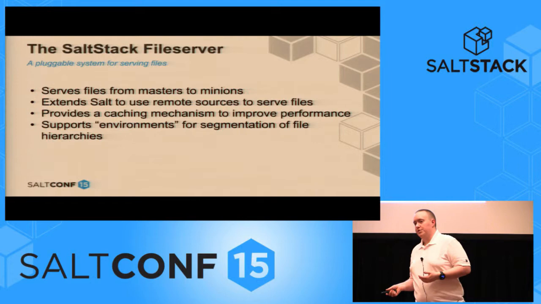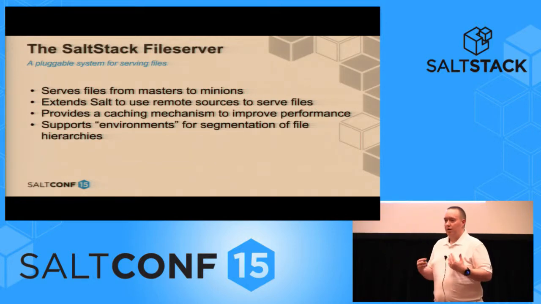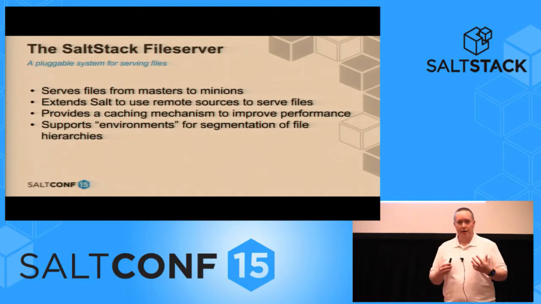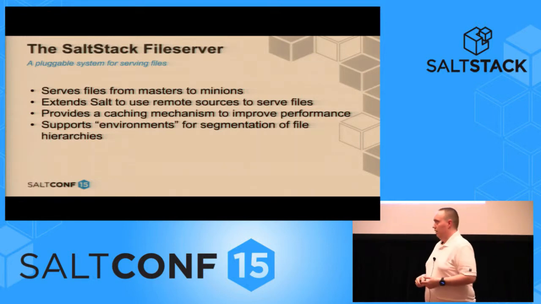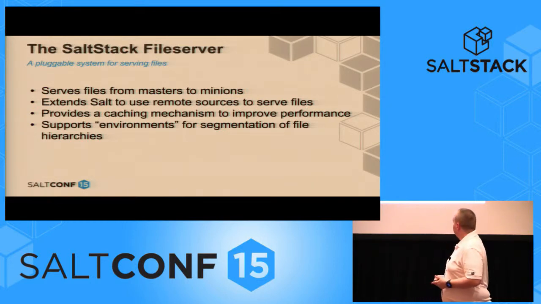In version 0.14, it was expanded, and as of that version and later, it now has a pluggable architecture. So you can write your own file server, as long as you satisfy just a few basic core functionalities like listing files, retrieving files, listing directories, etc.